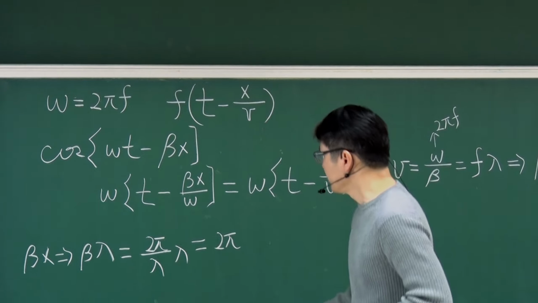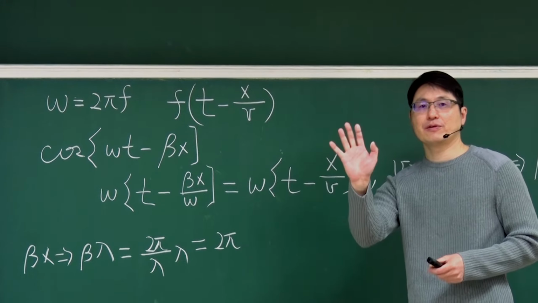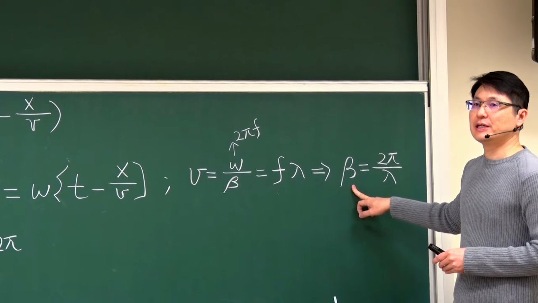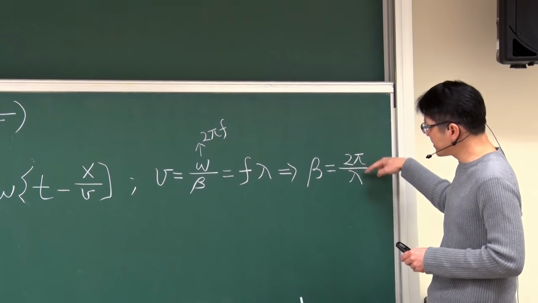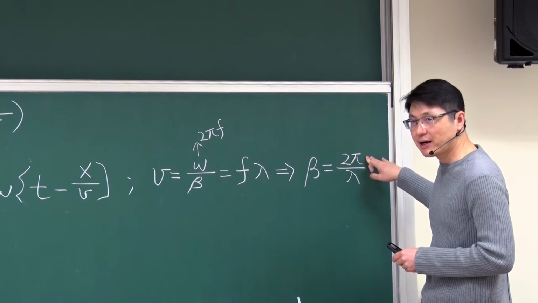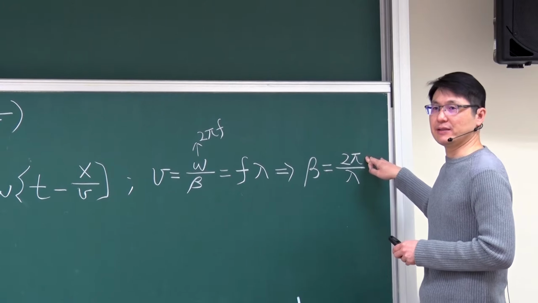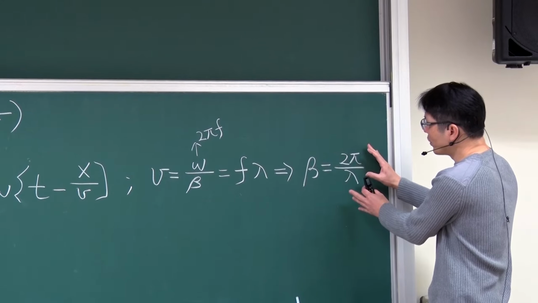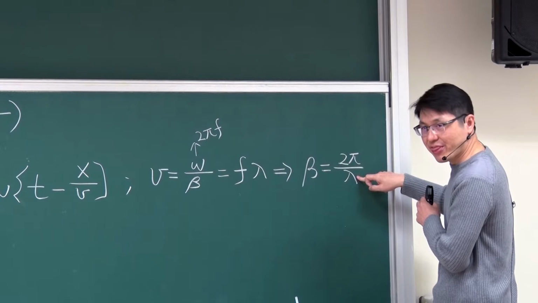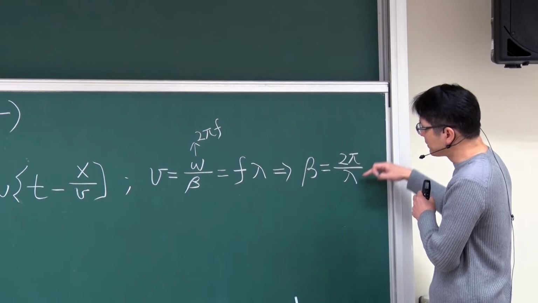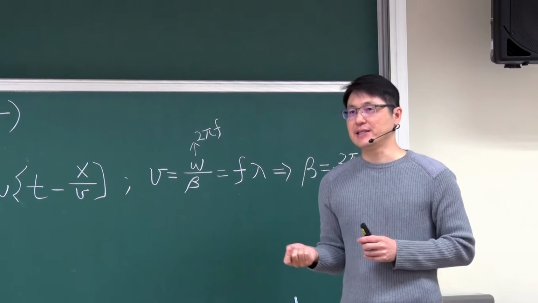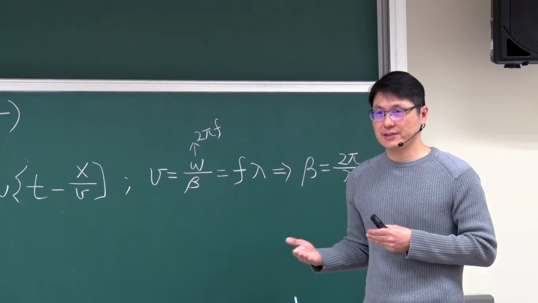Okay? So this might be something new, but from now on you have to remember beta is just the inverse of the wavelength multiplied by 2 pi. The physical meaning is if you allow a wave to propagate for certain length, direct multiplication by beta would tell you how much phase you accumulate.